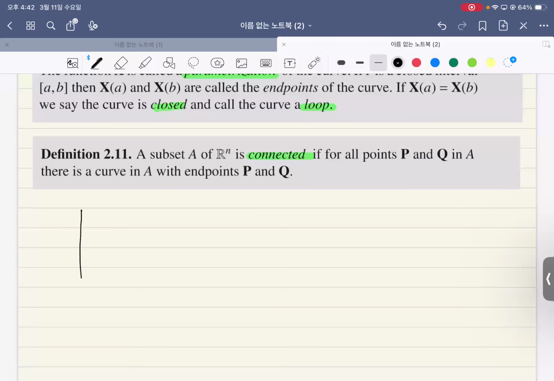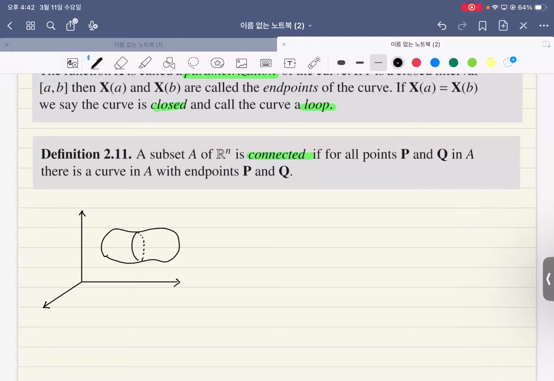So this is a picture. I'm going to show you an example and a non-example of connectedness. This is R3. Just consider this solid with interior.